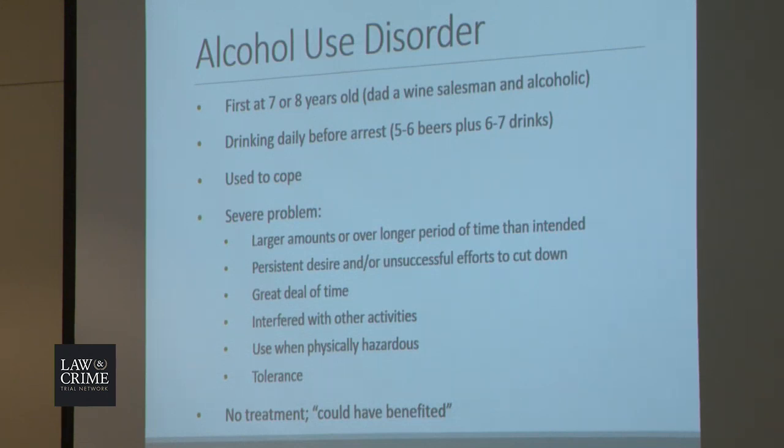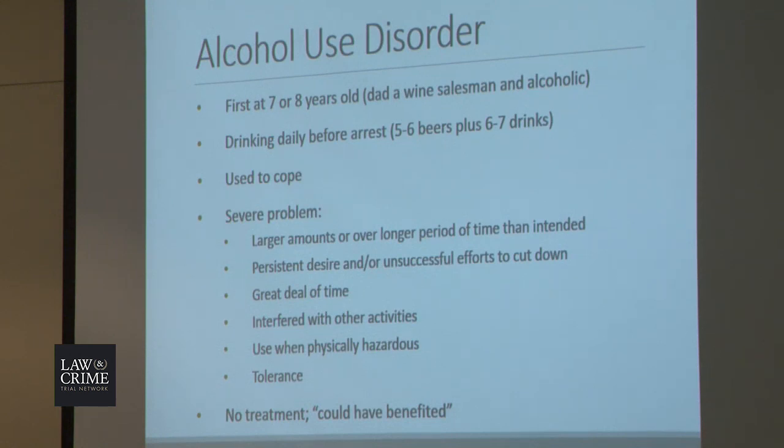He developed a tolerance to alcohol where he needed more of it to get the same effect. He found that it was interfering with other activities. He was spending a great deal of time using alcohol or being under the influence of alcohol. And he had persistent desires but unsuccessful efforts to scale back on his use. So when a person is experiencing these kinds of things, that would satisfy the diagnostic criteria for an alcohol use disorder.